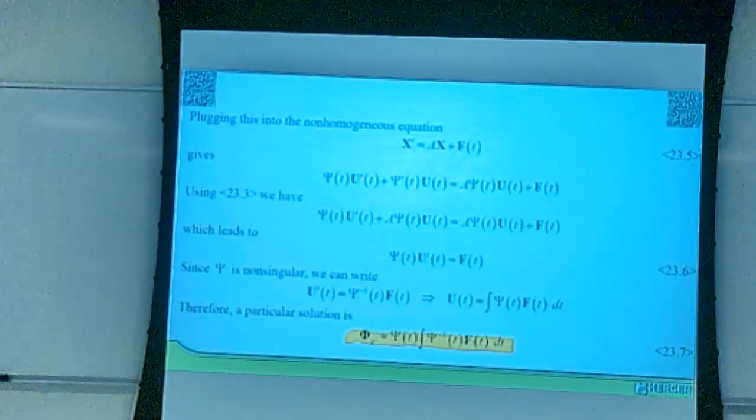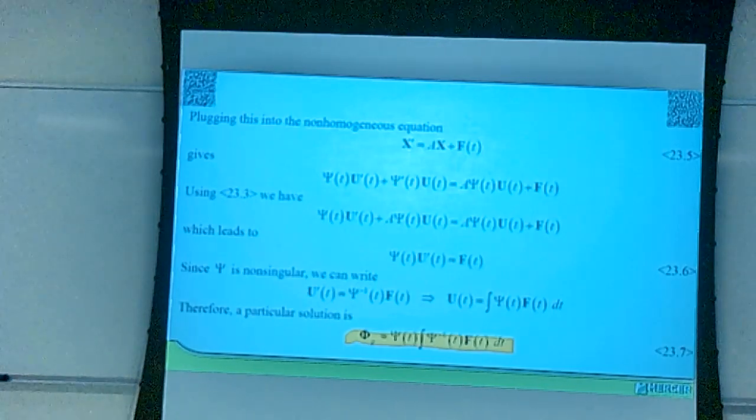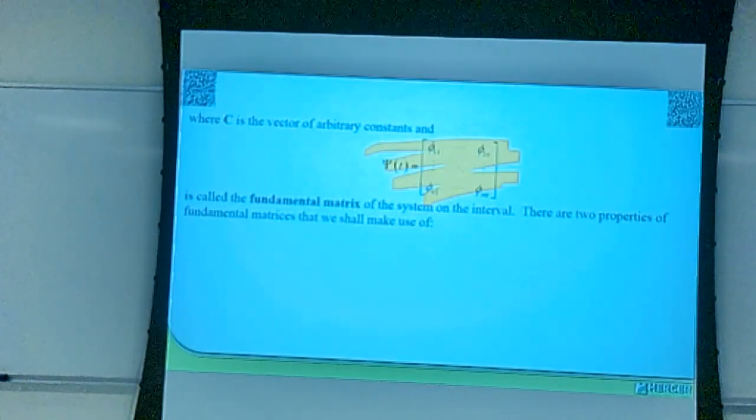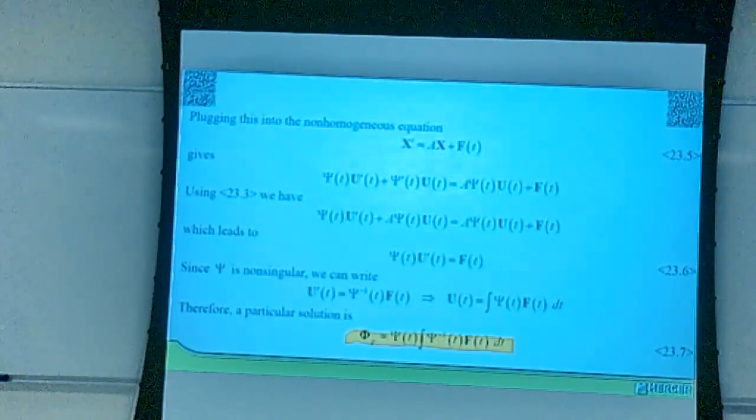Doing it by hand makes this method really annoying. Because the first thing you have to do is form your fundamental matrix, which in and of itself is not an issue. Then you need to find its inverse.